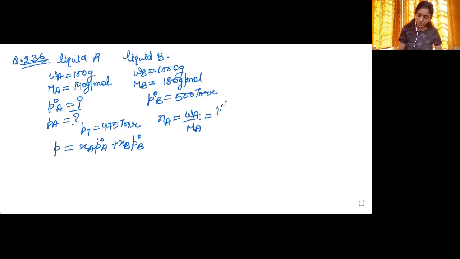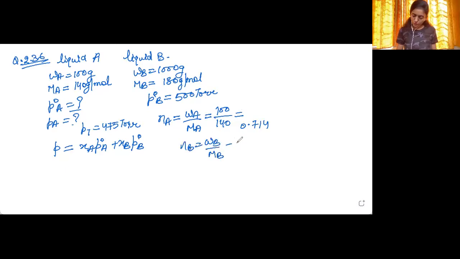WA is equal to 100, MA is equal to 140, so it is 100 divided by 140, which is 0.714. NB will be equal to WB upon MB, so 1000 divided by 180, which is 5.556. We can take both up to the third decimal place.